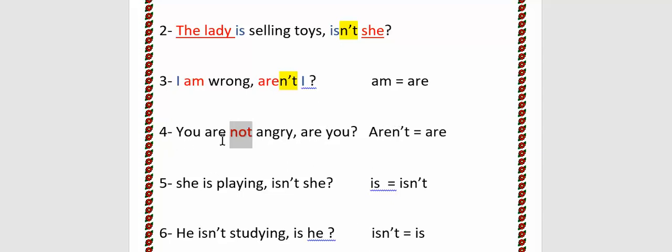Look, you are not angry. It is changed to are you. So you are here has the opposite. What's the opposite of you are? The opposite would be are you.